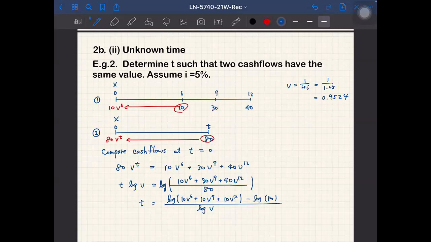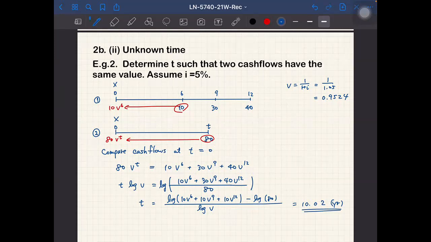You can calculate this, and v is just a number. So you plug in the number, then you can solve this for t. And t is equal to 10.016, so approximately 10.02 years. So this is the answer.